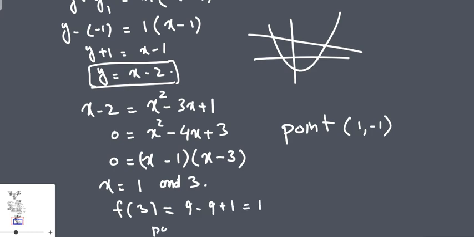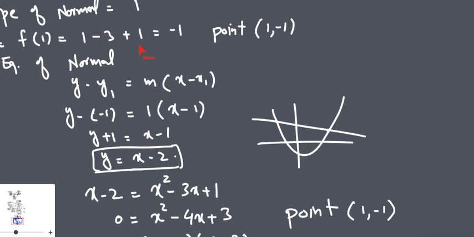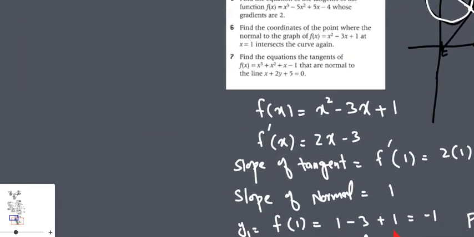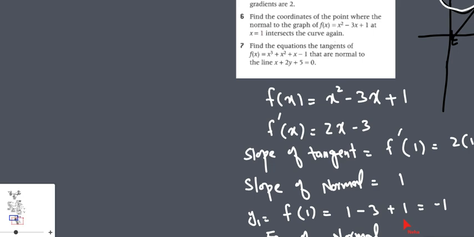So the second point is (3, 1). This is the point where the normal to the curve will intersect the curve. Got it? Okay. Look at question number 7.